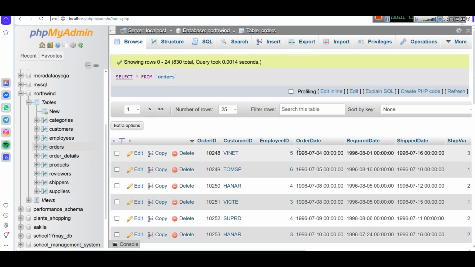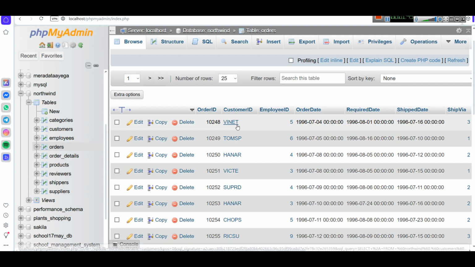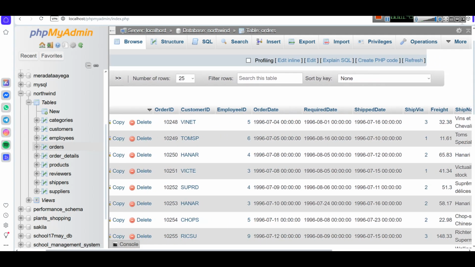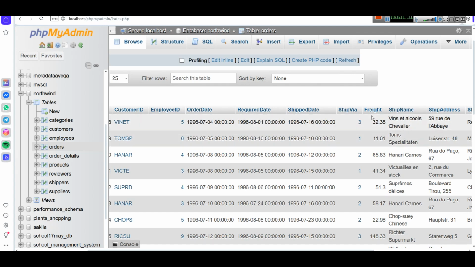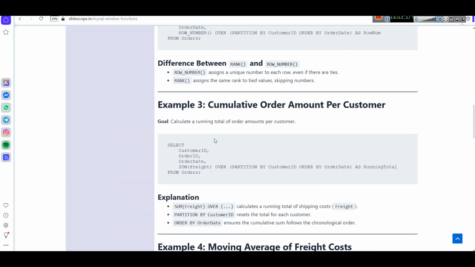If you see the orders table, every customer has ordered some product and their freight charges are there, given in every row. The question is asking: calculate the running total of freight amount per customer.